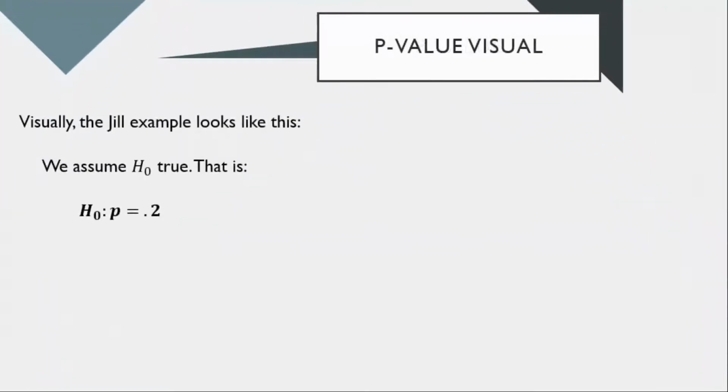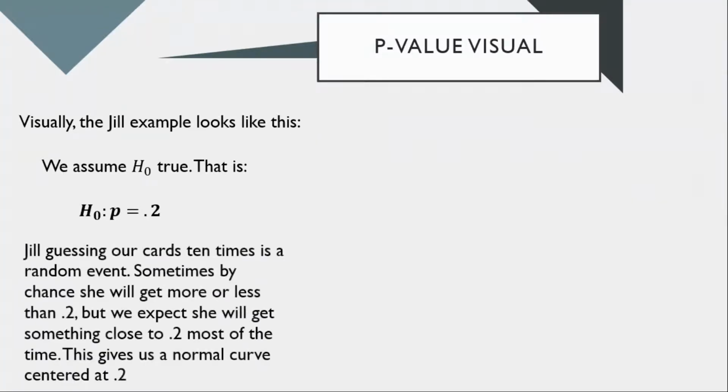So let's look at this visually, because this is where I think it all comes together. We're making an assumption, right, for the Jill example, that p is 0.2. That is, if she's just guessing, that guessing is in fact a random event. So sometimes she's going to guess more correct, sometimes she'll guess less.